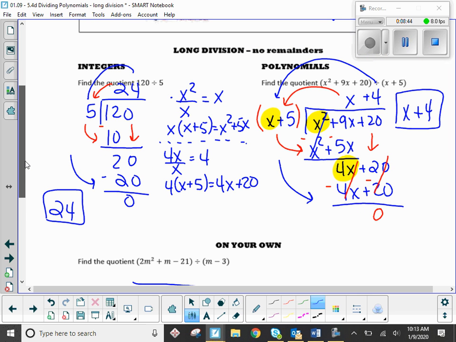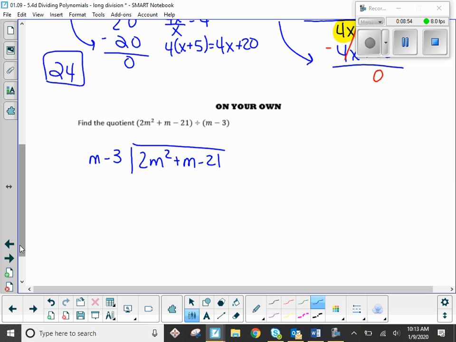Why did I highlight that yellow stuff? What was going on? It's the first number in each part, right? That's where you start. So in this case, I'm looking at the first thing here and the first thing here. And I'm going to do what with them? Divide them. Which one's going to go on top when I do that? This one, because it's this divided by that. Top, bottom.